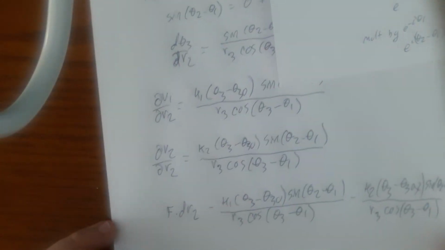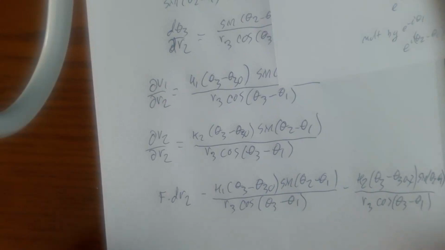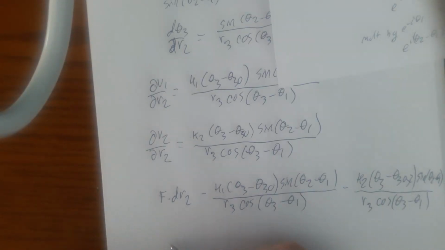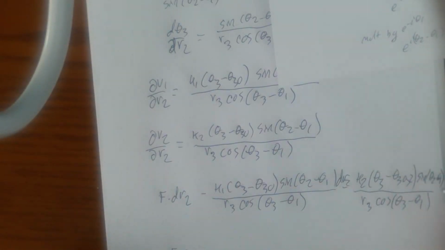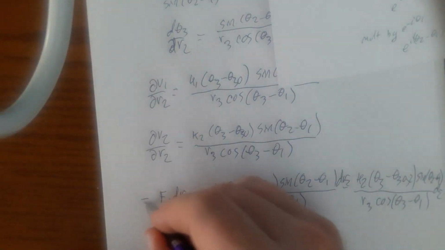And so what this is going to look like is we're going to have F equals, so this is going to have a dr2 term and a dr2, and all that's equal to 0.